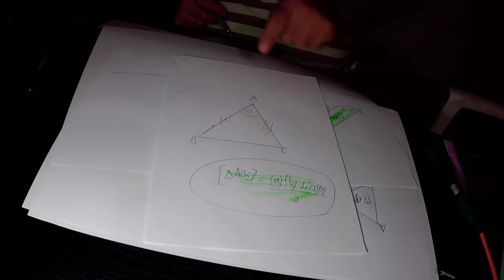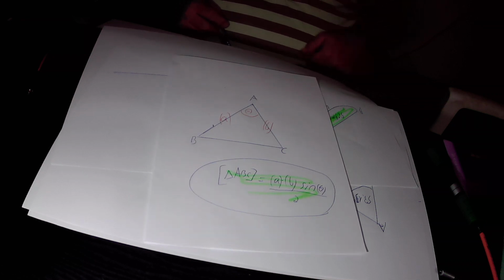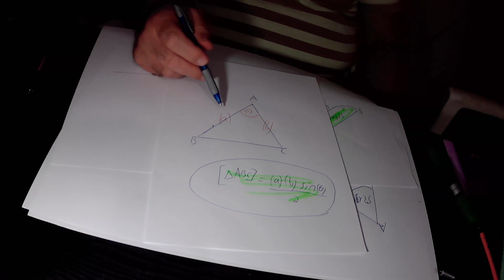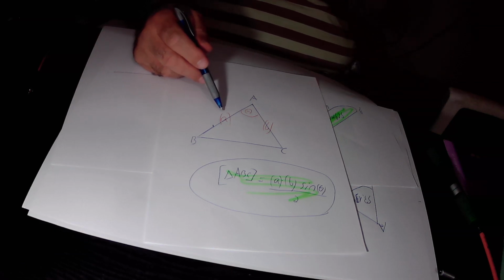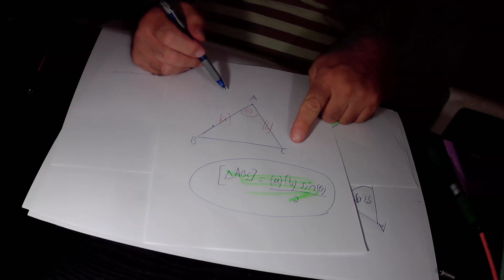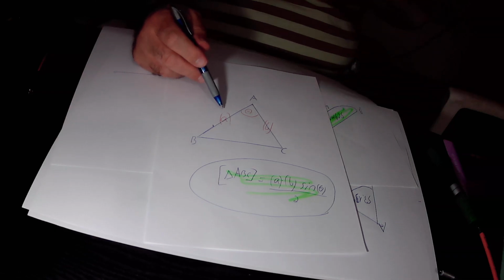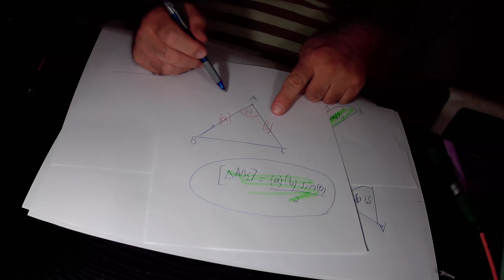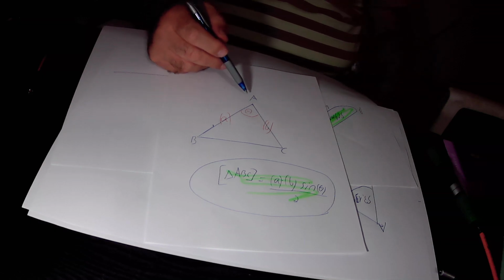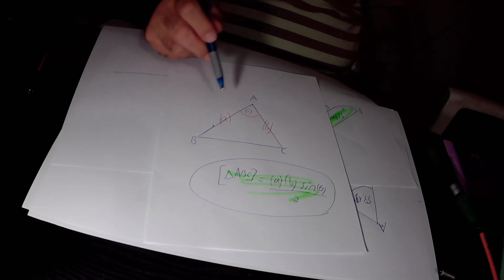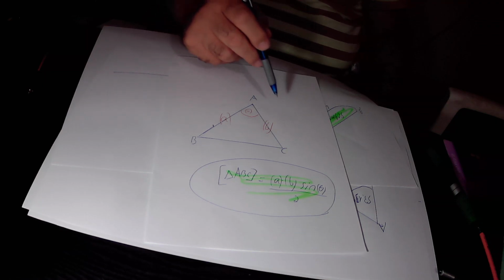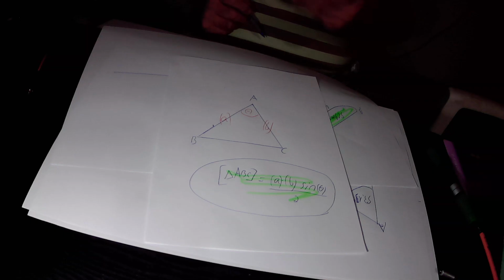This is triangle ABC that could be any triangle. In triangle ABC, side AB equals A units in its length. Side AC equals B units in its length. And the angle between side AB and side AC is theta. Angle BAC equals theta.